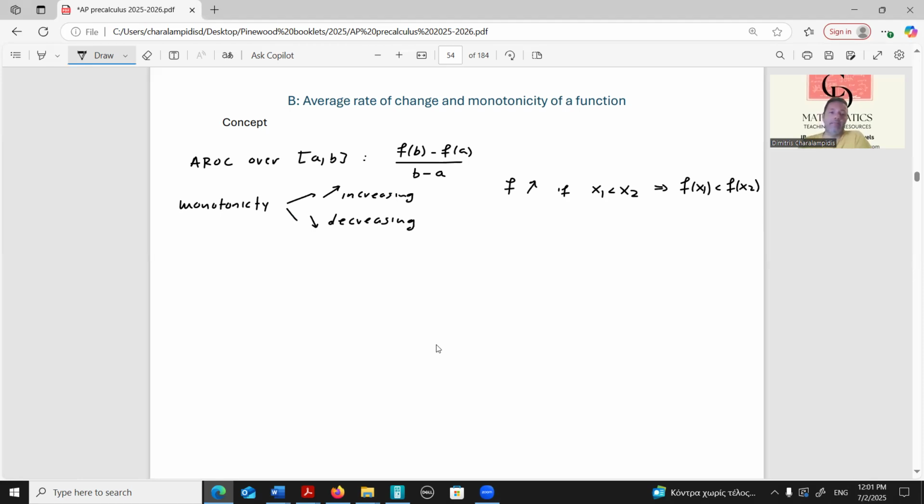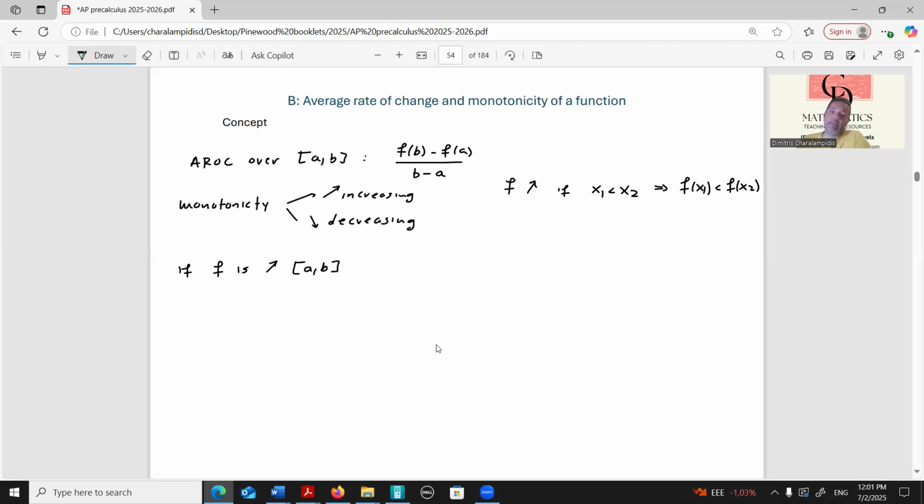With that said, if f is increasing over an interval [a, b], then this definition of increasing monotonicity is applied for every value inside this interval, even for b and a.